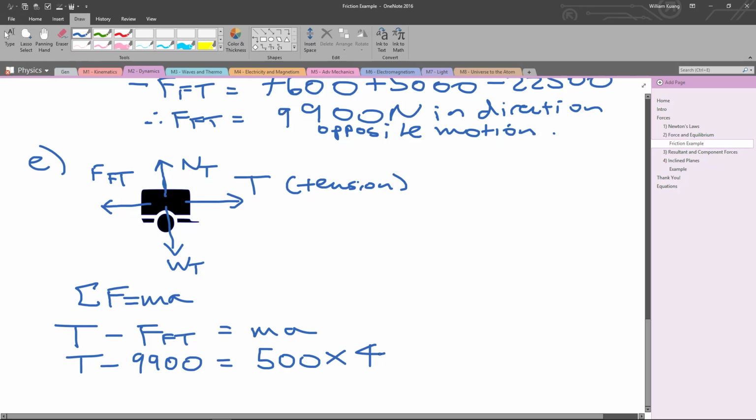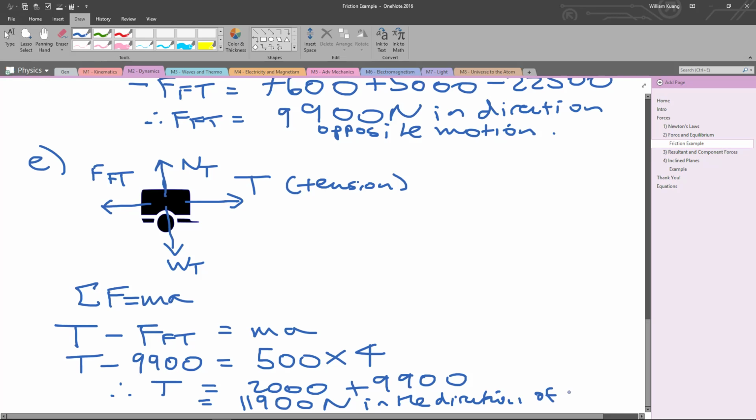So this times 4. Now that you only have T as the unknown, you can work this out: T reduces to 2,000 plus 9,900, and that works out to be 11,900 newtons in the direction of motion.